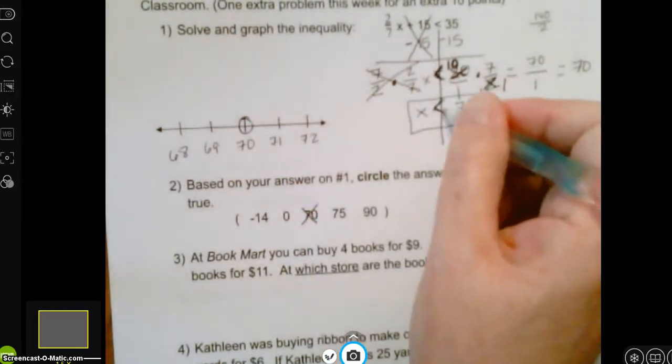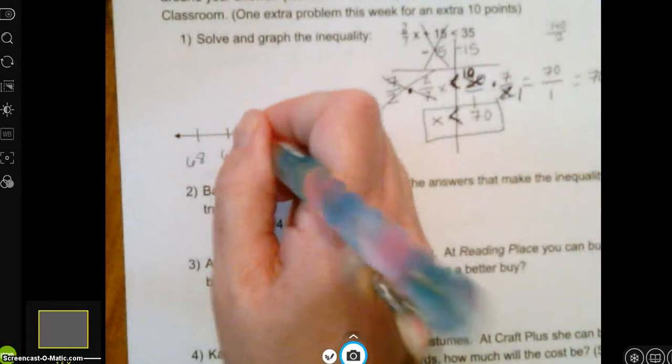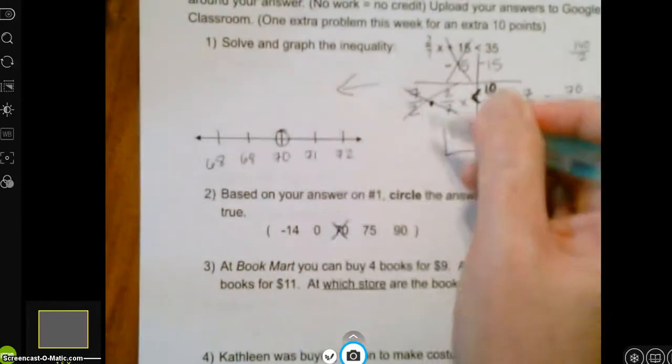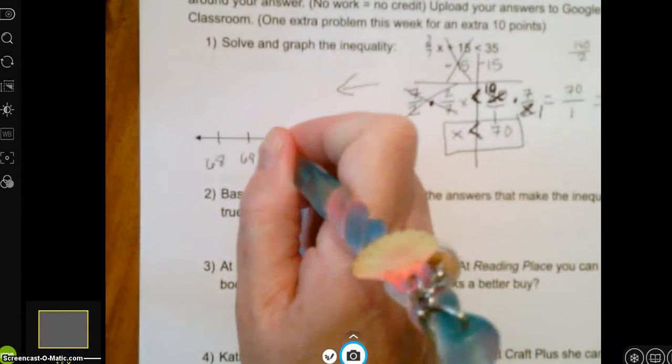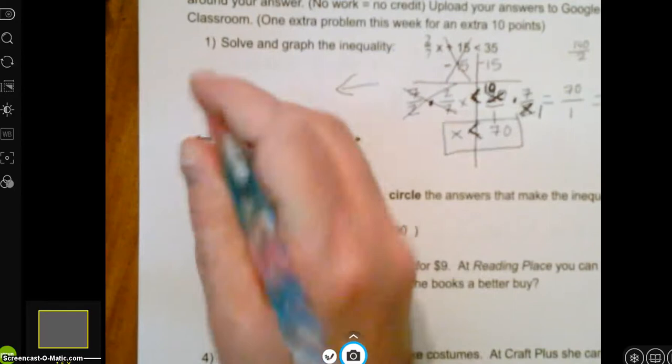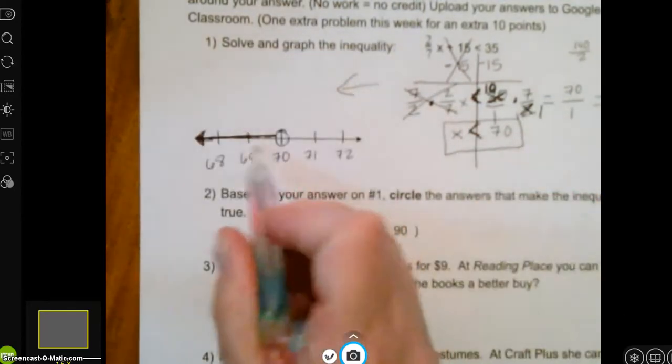And then with our variable first, looks like we're going to be shading this way, pointing to the left. Remember this works because our variable is on the left side, or I like to say the correct side. So x is less than, this is all less than.